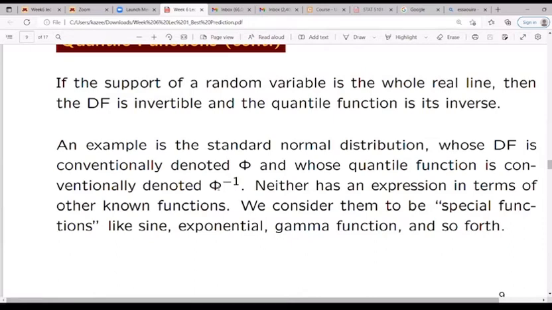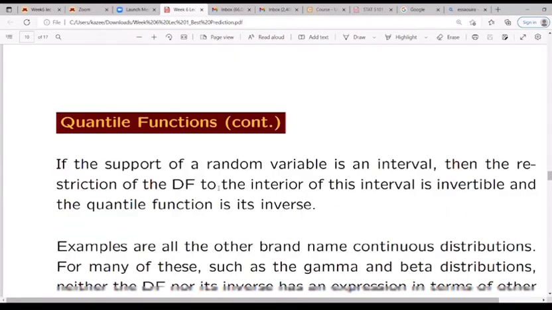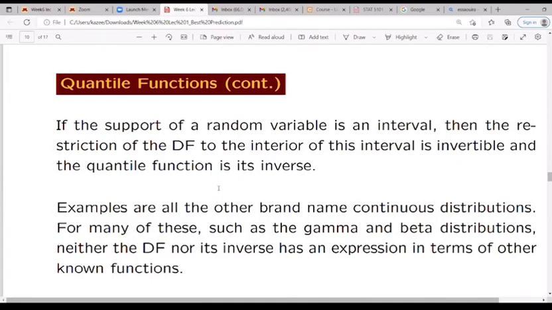And I also want to say for other probability distributions, we can also figure out the quantile function. Only that there are some distributions that we may not be able to explicitly derive. The quantile function may be complex, but I want to say they can actually be derived. So I just wanted you to take note of that.